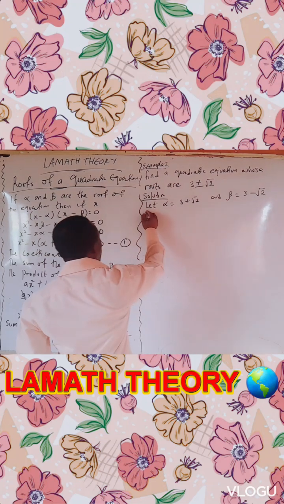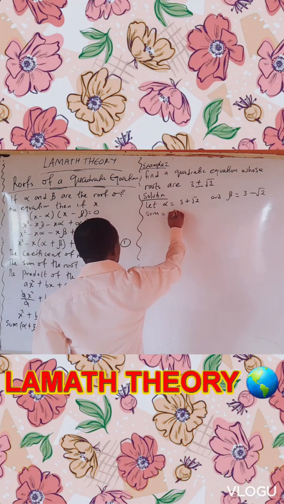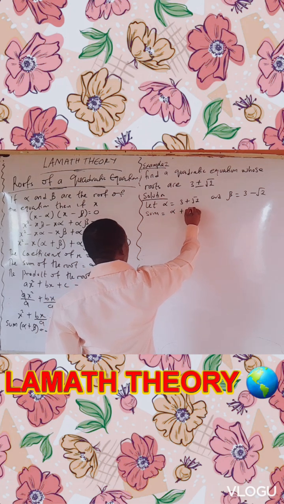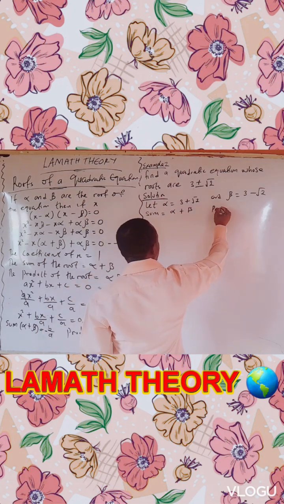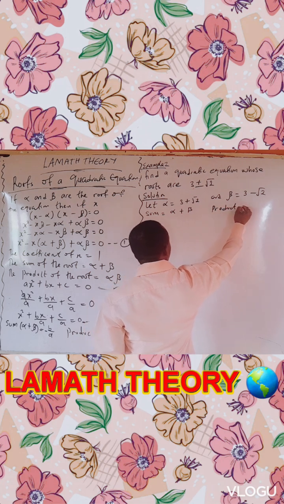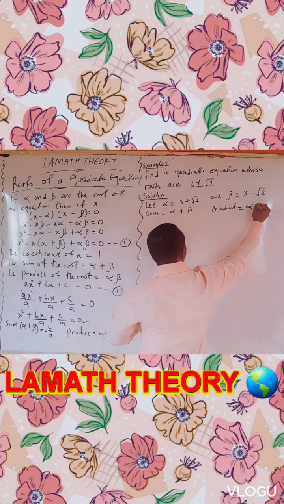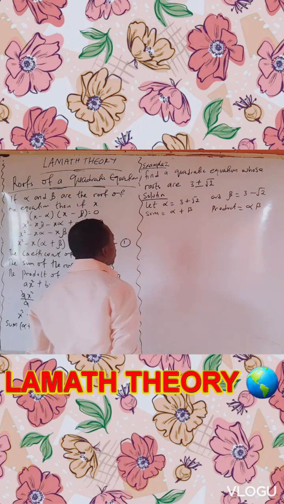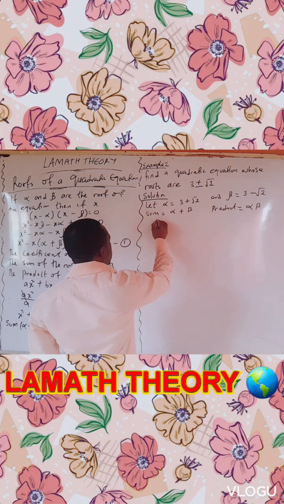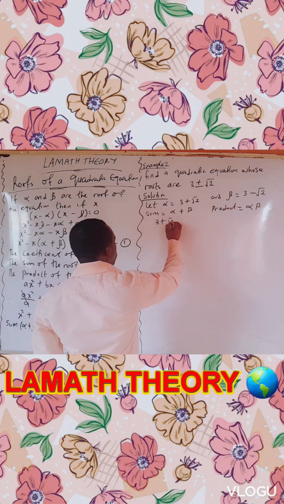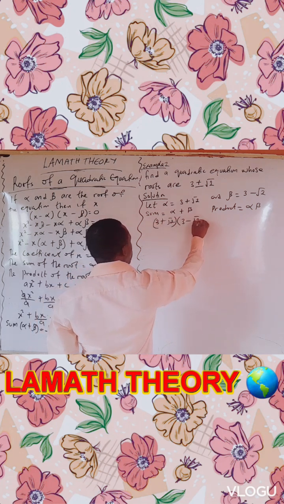Now we're going to find the sum. Sum is alpha plus beta. Then our product is alpha beta. Now let's start with the sum, where our alpha is 3 plus root 2, then we have 3 minus root 2.